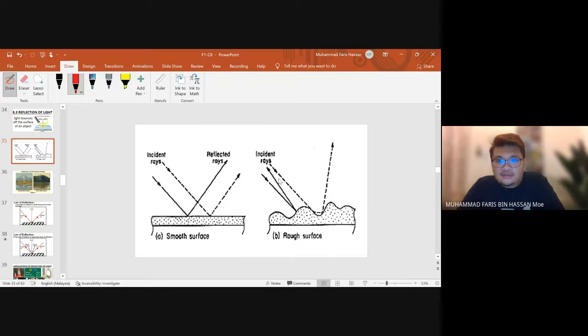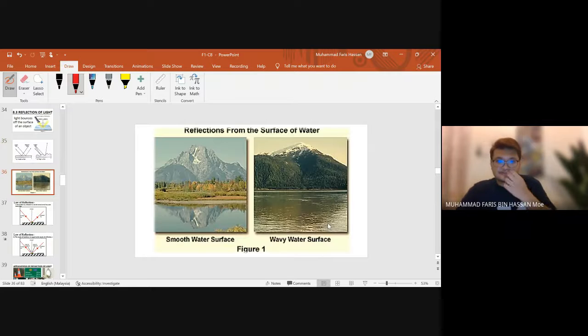But when the incident rays reflect at a rough surface, the reflected rays will become like this one, maybe macam ke sini, or maybe ke sana. It will reflect in different directions, depending on the shape of the surface.